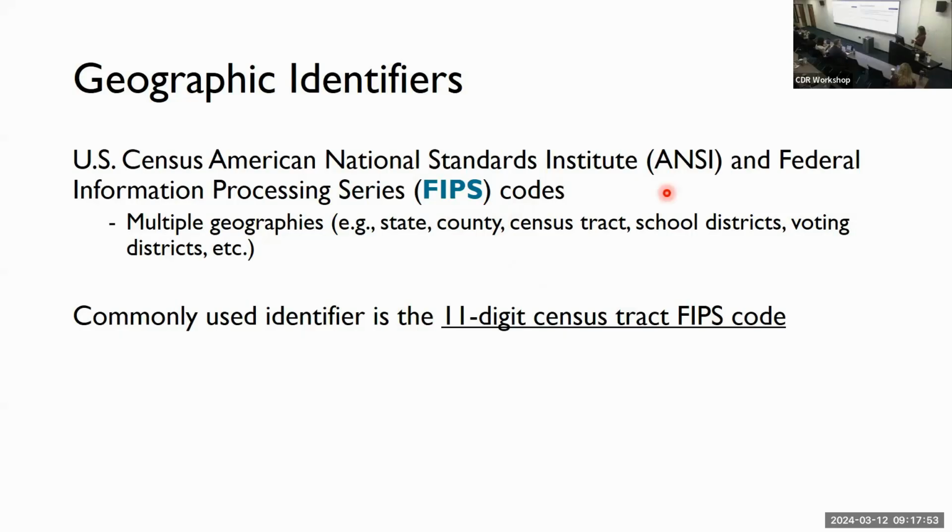For the CDR data products, most of our products are at the census tract level. And so if you're using the CDR products, you will probably see this 11-digit census tract FIPS code as the geographic identifier that you will use to merge in your individual level data sets.